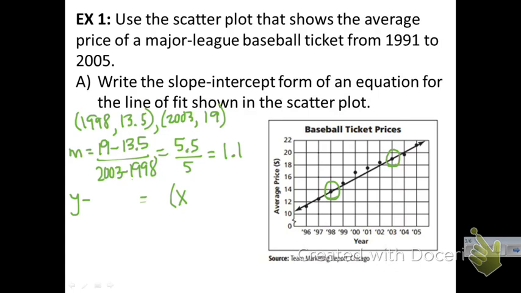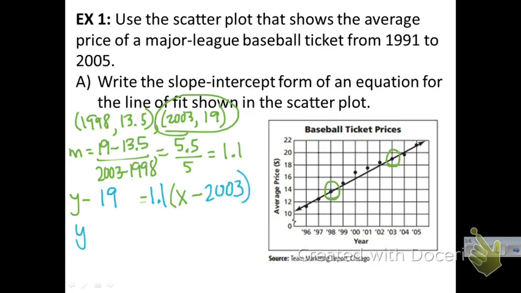We need a little more space there. And from here we're going to go ahead and fill in. So y, I'm going to choose my second point. Let me change colors for you. And I'm going to go y minus 19 equals 1.1, the slope we just found, times x minus 2003.